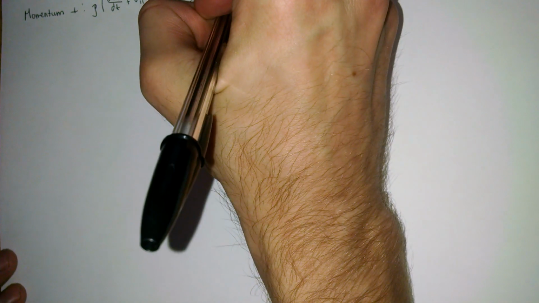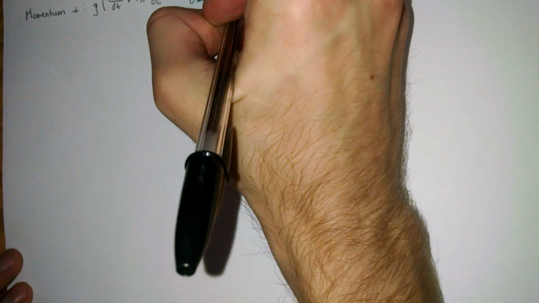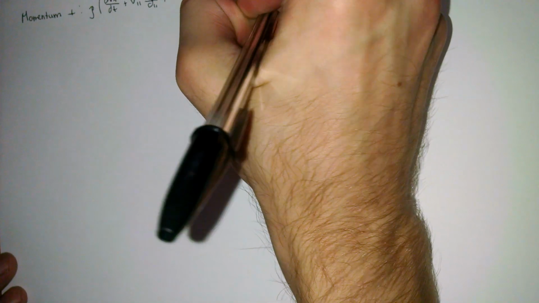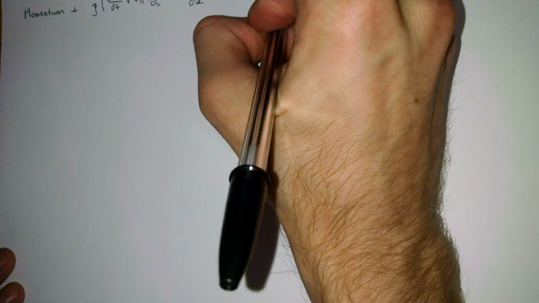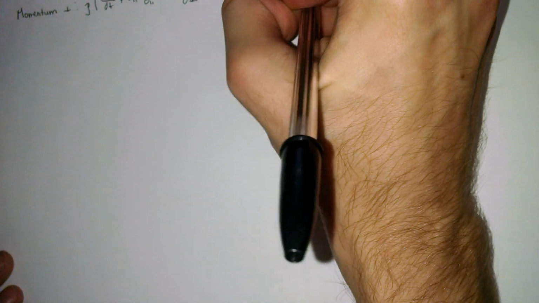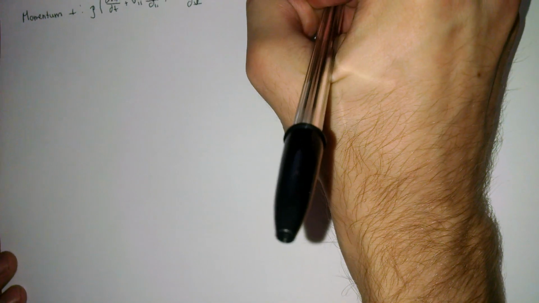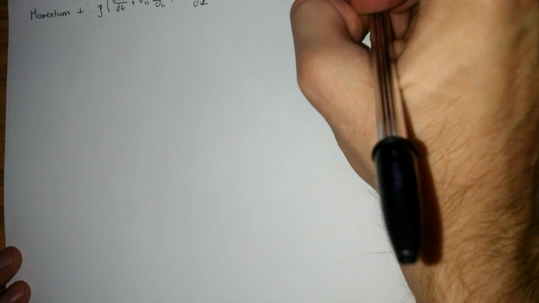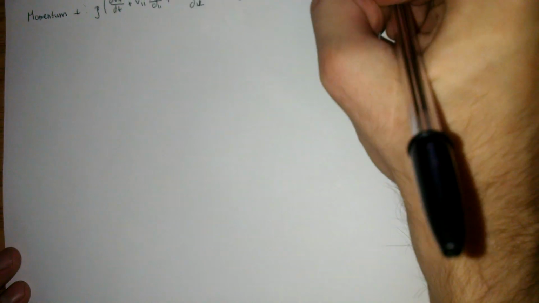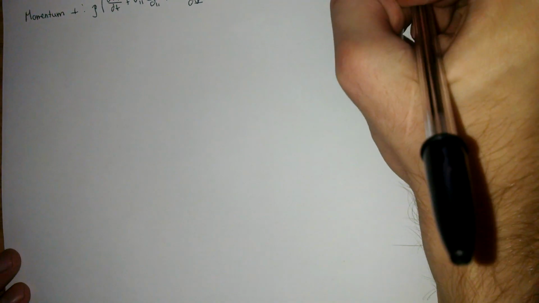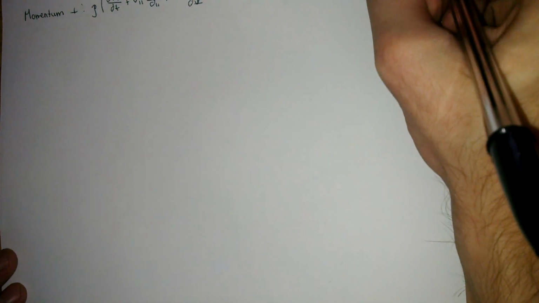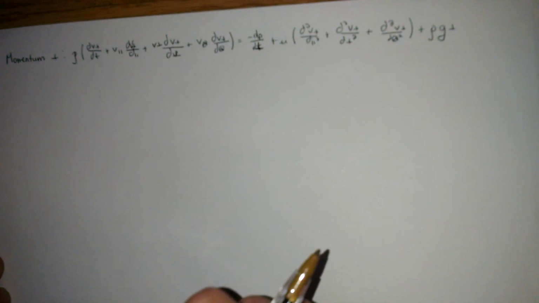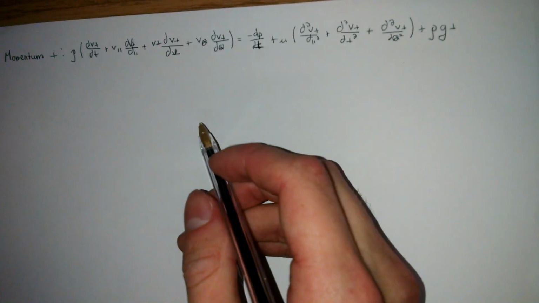That doesn't help. dv perp, orthogonal, d perp, mu, v perp, and lastly, well, not lastly, there's also gravity in the perpendicular direction.